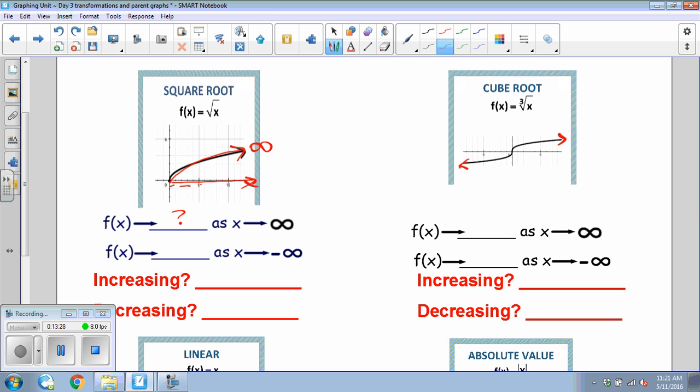Okay? We look at the other end of the graph, which is right here. Where is that on the y-axis? 0. So, as x gets larger, that means I'm reading it to the right, my y value is getting larger also, right? So it approaches infinity.